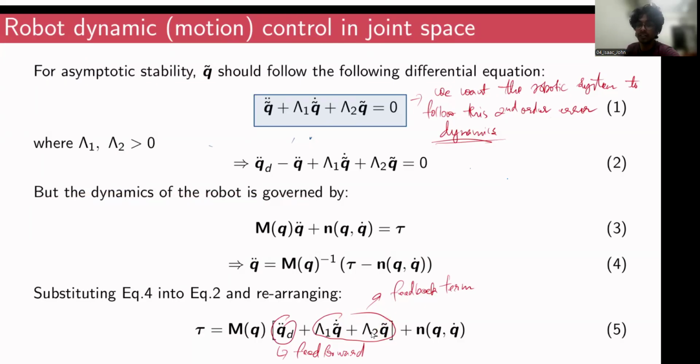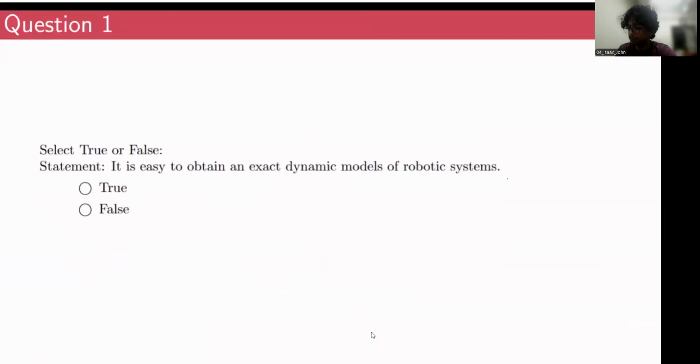The actual velocities and positions are obtained by the sensors, which is fed back into the controller. That's why we call these two terms feedback terms. So this should be your control input for the dynamic motion control.